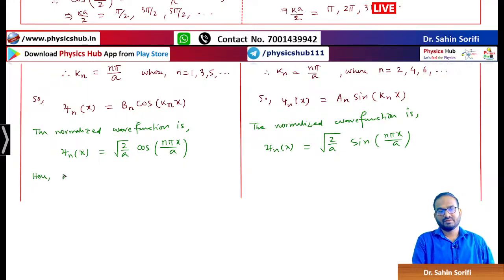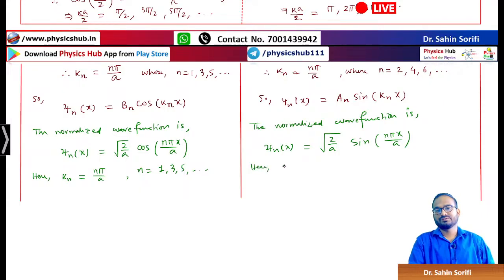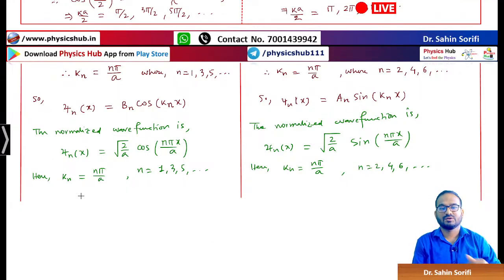And here kn is equals to n pi by a, n is equals to 1, 3, 5, all the odd values. Here also kn is equals to n pi by a, n is equals to 2, 4, 6 and so on. So this is the solution for the infinite potential box symmetric one.